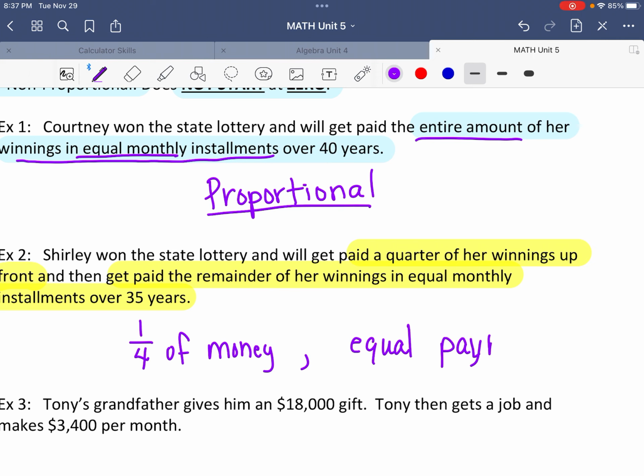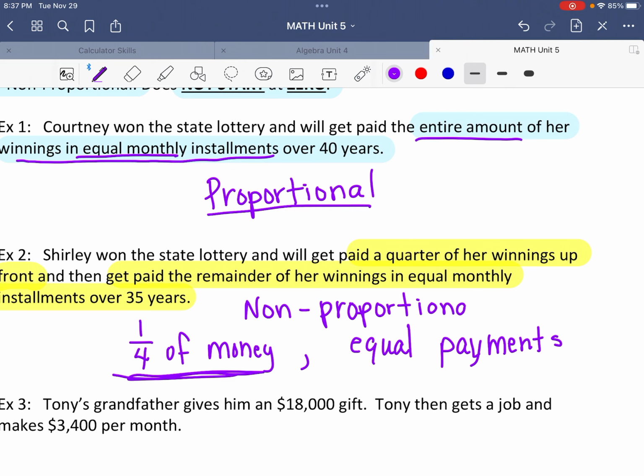So that right there tells me that that's not proportional, or non-proportional I should say, because she's starting out with an amount and then getting equal monthly payments.